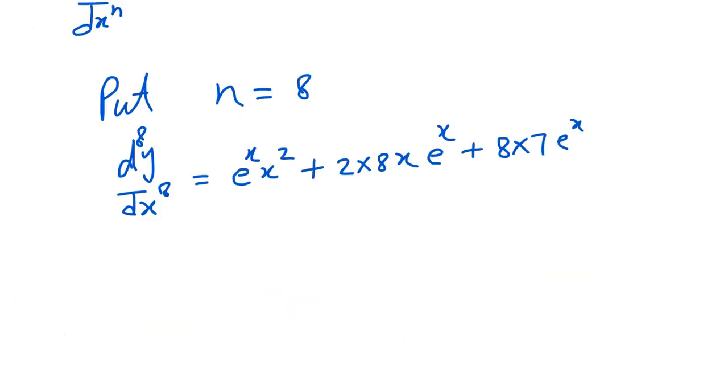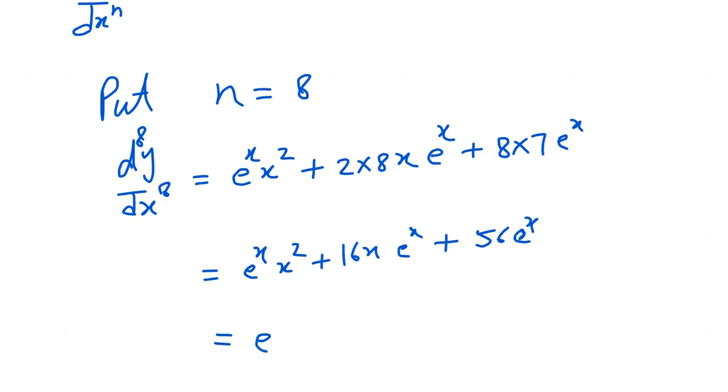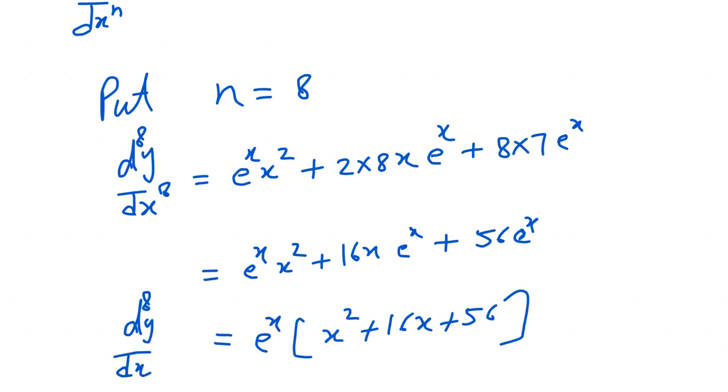And we have finally e to the power x into x square plus 16x into e to the power x plus 56 into e to the power x. Or we can take e to the power x as a common. Inside we have x square plus 16x plus 56. Take this as equation 1.